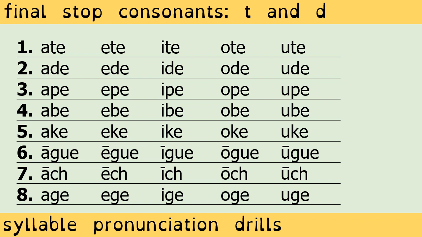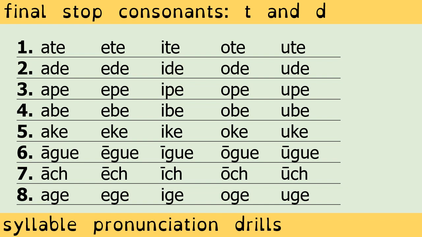So, what about a final G sound? Look at line 6. To make a final G sound, we use the digraph GU. Do you remember the digraph GU from lesson 5? I'm not finished.